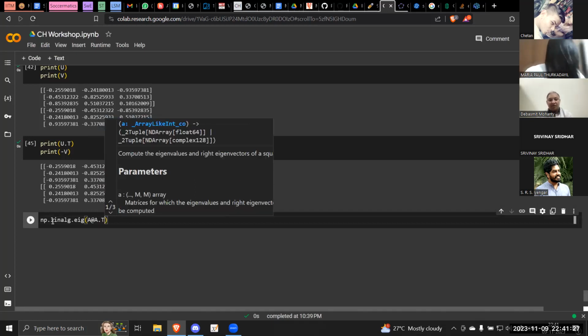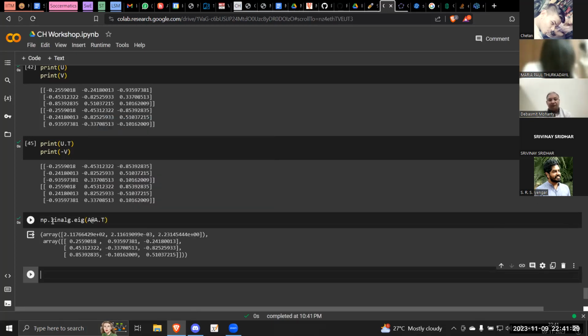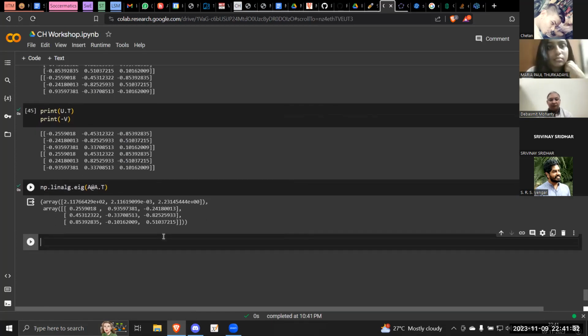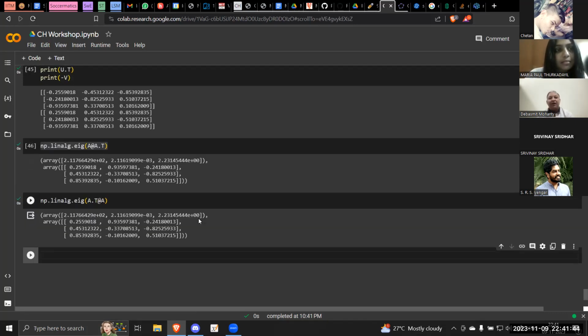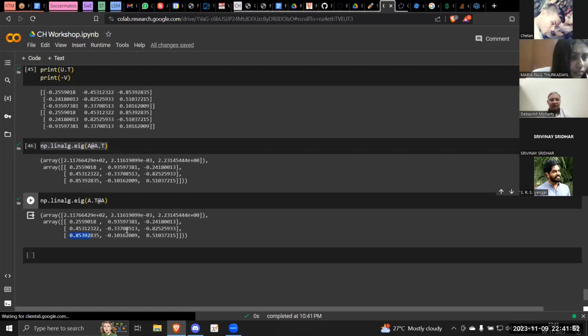Yeah, find this out. Now do it for A transpose A. We had a discussion on this also. One is N cross N, one is M cross N, we talked about. Check if this is what you are getting on the left and right side. Are they the same here?